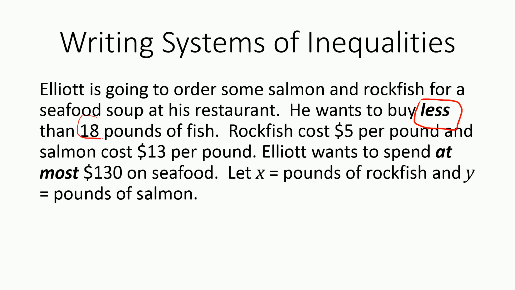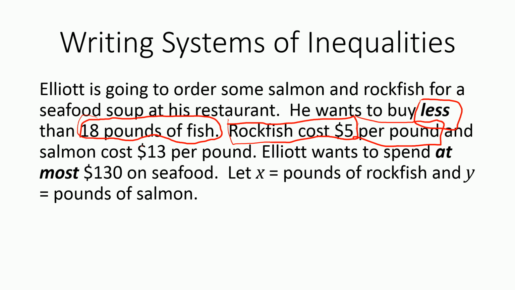And I see a number, a unit, and then I also see what we're talking about. So 18 pounds of fish. It tells us that rockfish cost $5 per pound. I include that. That sounds like a rate of change.